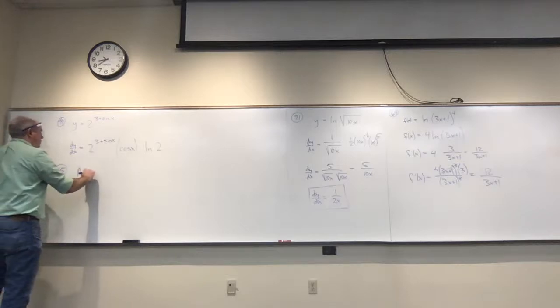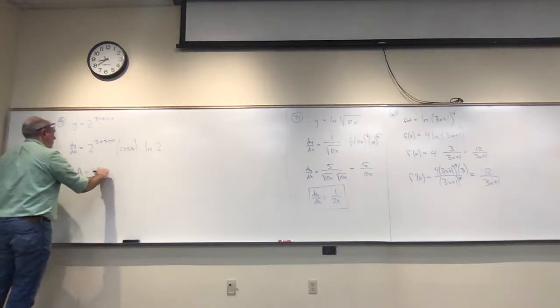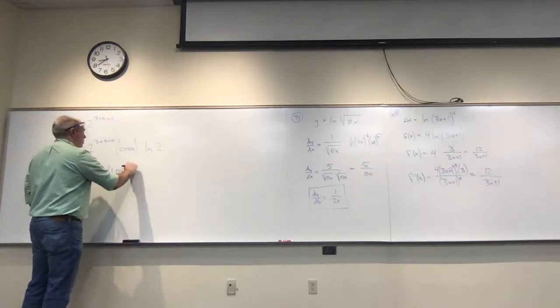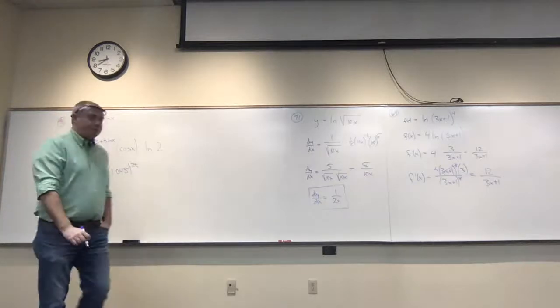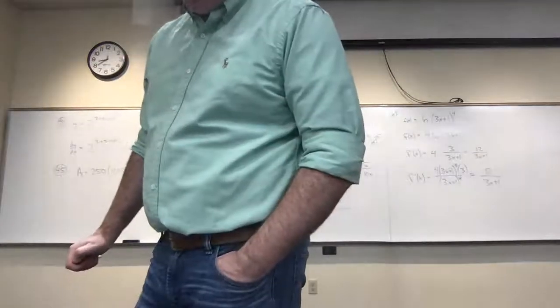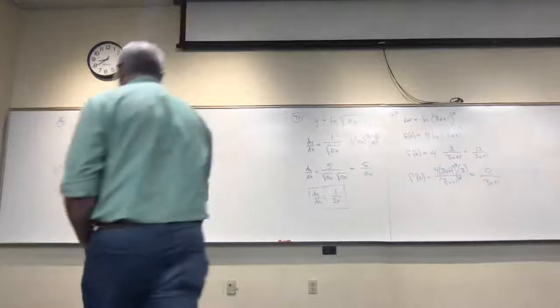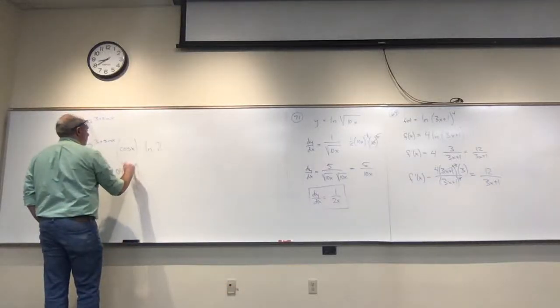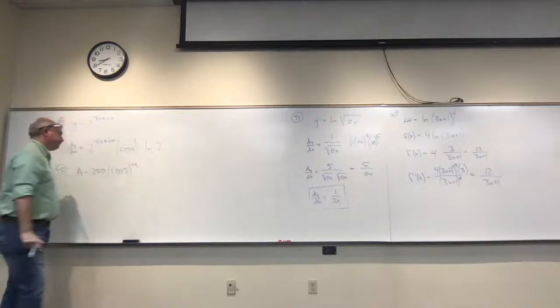A equals... right. 250, 1.045 to the 4t, not 2. Okay.